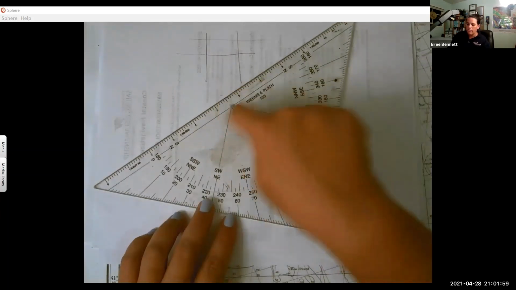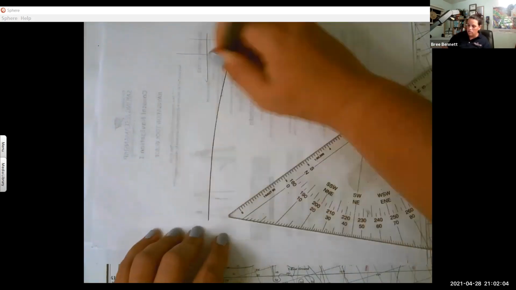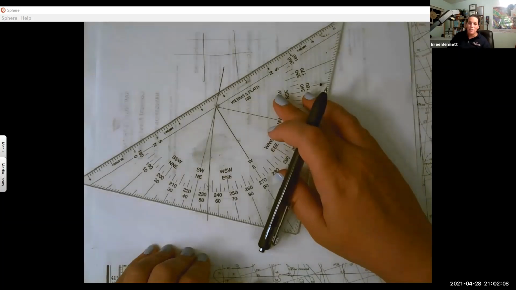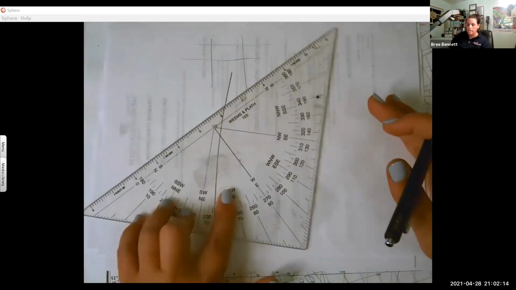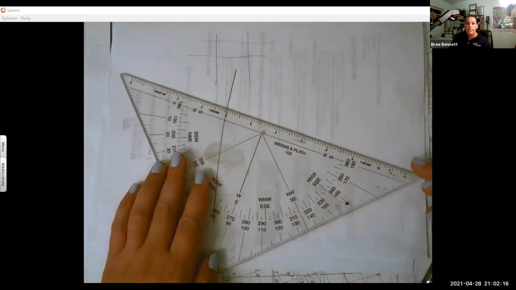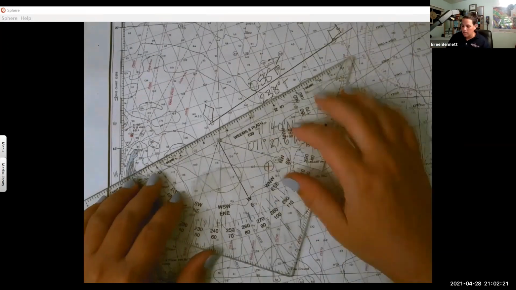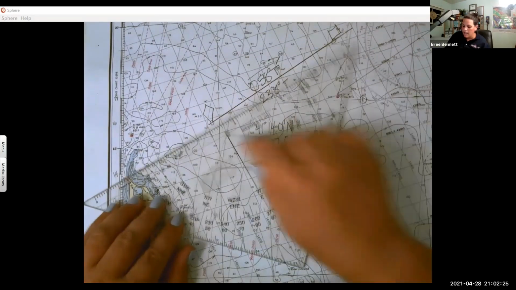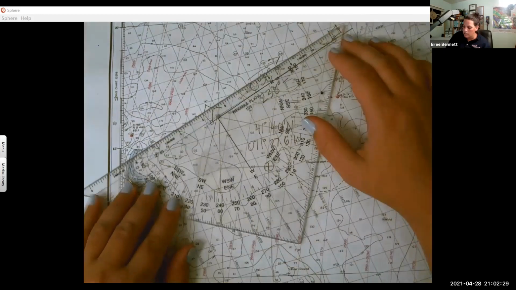So I'm going to put that focal point on a vertical line. Any vertical line is where I put my focal point. And then wherever my course line is going to be, that's where the long side of the triangle is. So I'm going to put the focal point on a vertical line and this long side of the triangle on the line in question.